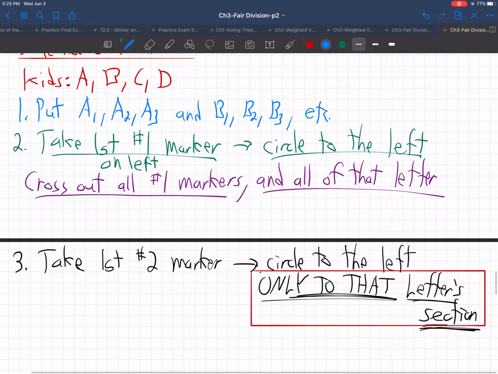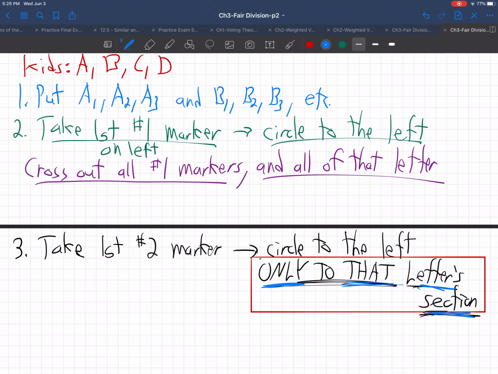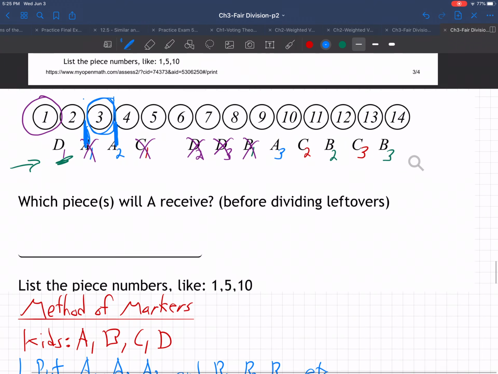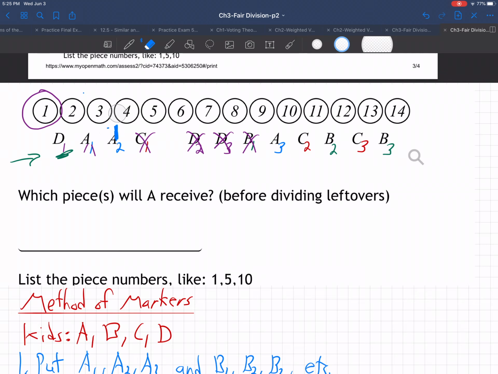So you only go to that letter's section, not beyond.